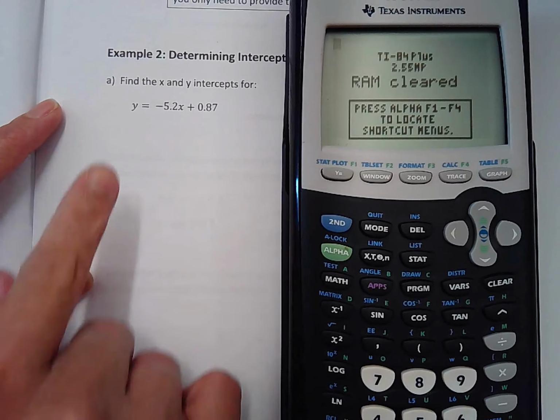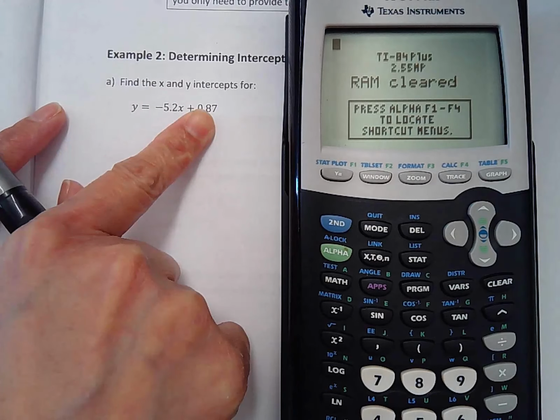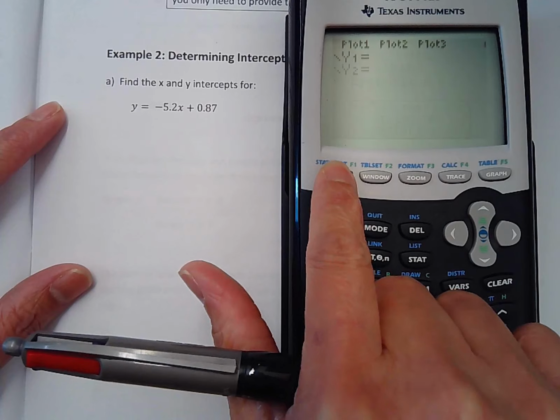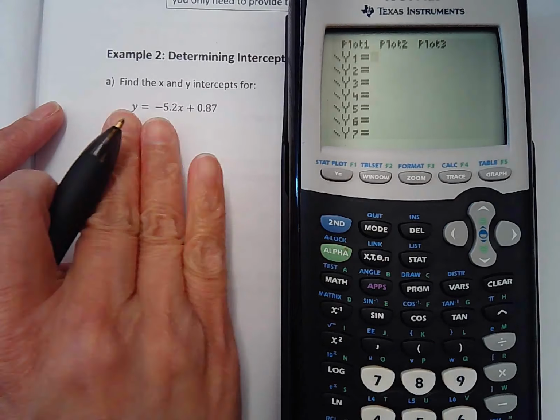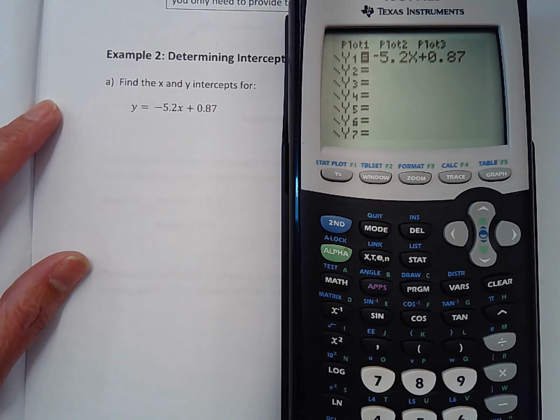Now let's go ahead and type this function into our calculator. Okay, so far so good.